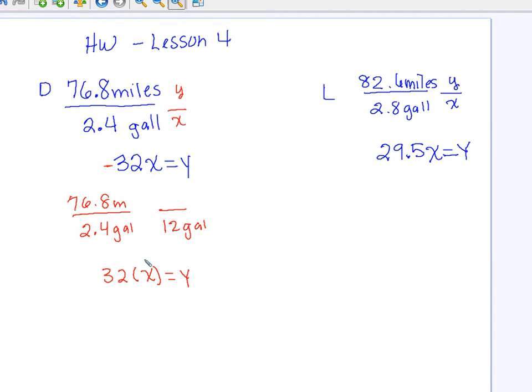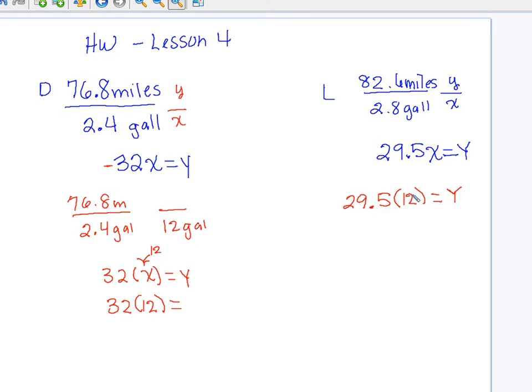And x means gallons of gas. So they have given me the gallons of gas, so I'm going to plug in 12 right here. So 32 times 12, and that's going to give me how many miles he can go. Same thing for Ling. I can do 29 and a half times 12 gallons, because they both had the same amount. And that's going to give me how many miles she can go.